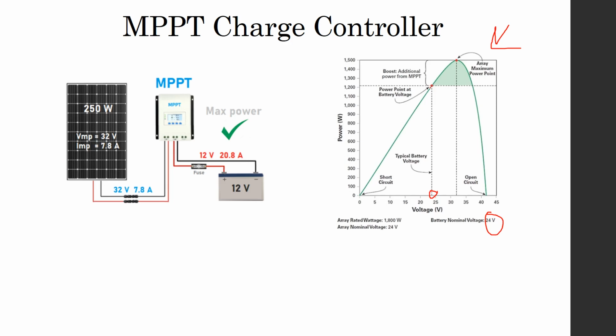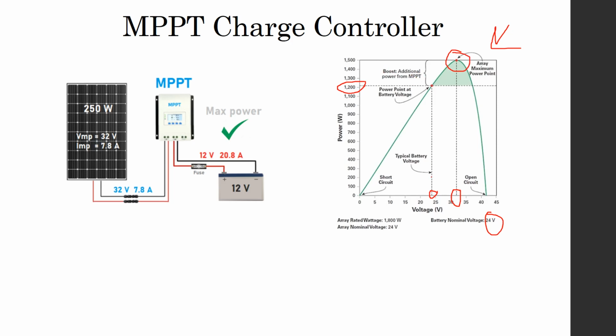The output power here will give us nearly 1250. Now by using the maximum power point tracking, by changing the PV array voltage to 32 volt, for example, this will give us the maximum power of 1500. So this is the boost or additional power using the maximum power point tracking.